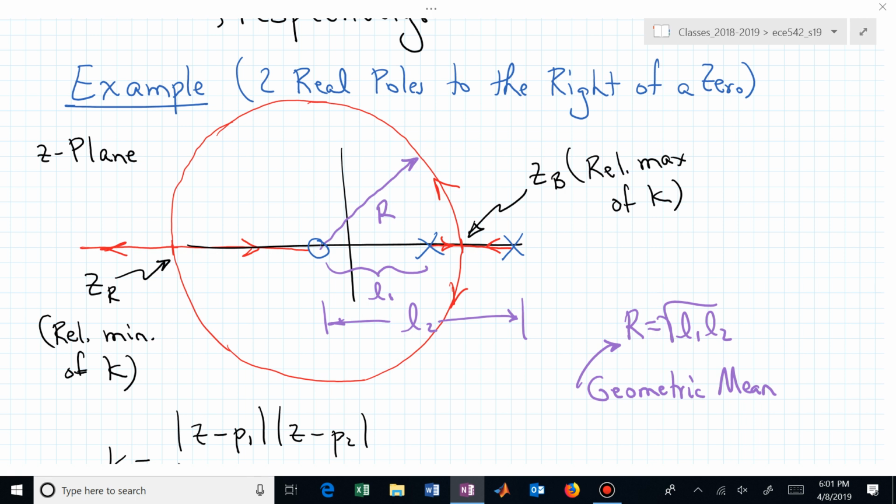We can find what L1 is. We can find what L2 is. Those are numbers. We take the square root of their product, find the geometric mean. That's the radius, R. And that 0 could be positive, it could be negative. The poles could be positive or negative. You just need those lengths, the magnitude of L1 and the magnitude of L2.